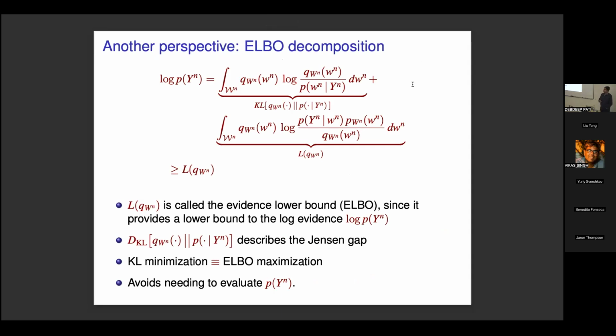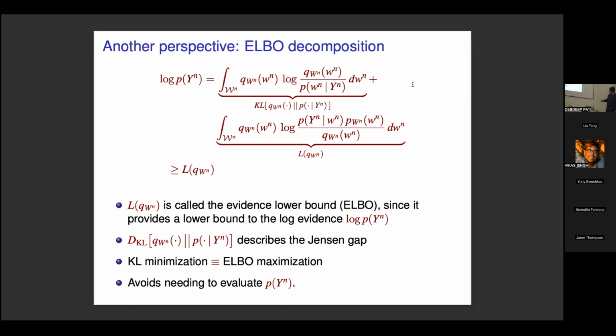You can actually write the log marginal probability of the data as a sum of two quantities for any given probability measure Q. The first term here is the KL divergence between Q and the posterior, and the second term is what we are going to call the evidence lower bound, because log probability density is called evidence in machine learning literature, and since the KL divergence is positive, the second term actually serves as a lower bound to the log marginal probability.